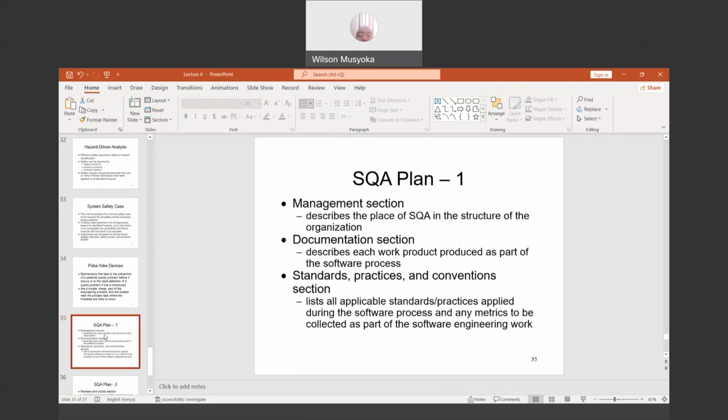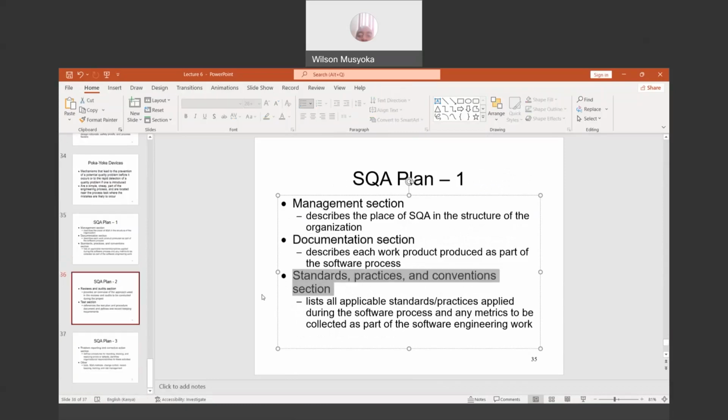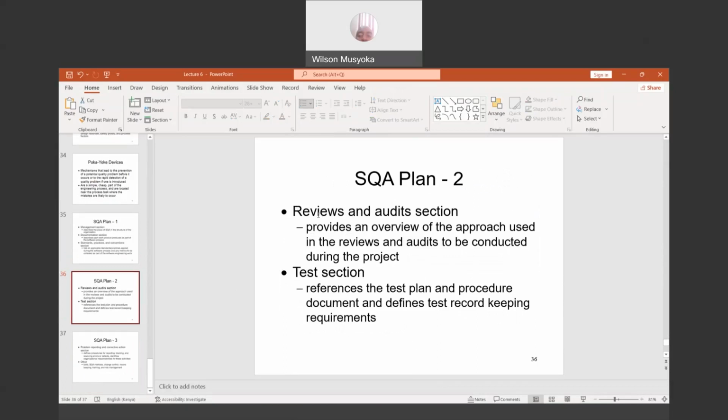So the plan should start with the management section, whereby you describe the structure and organization. Then you document, there should be documentation, and then you also follow standards, practices, and conventions. Then after that, you perform reviews and audits, and then you get to the test section, where you make references to the test plan, and follow the processes that have been put in place to record the test, how it has behaved.